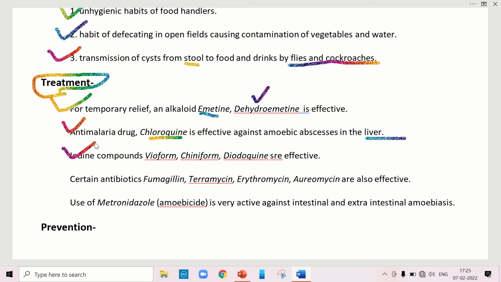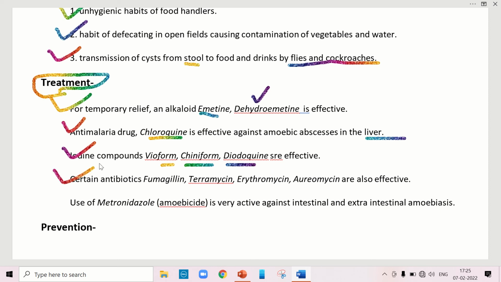Some of the latest iodine compounds such as vioform, cuneiform, diodoquin, etc. are also used for this purpose, for this control shows more lasting results.